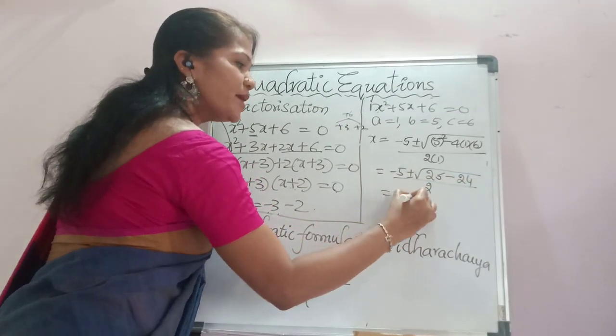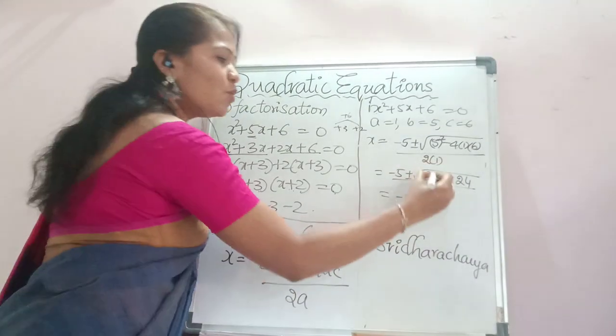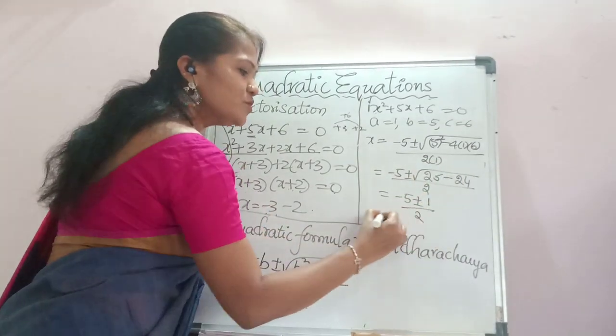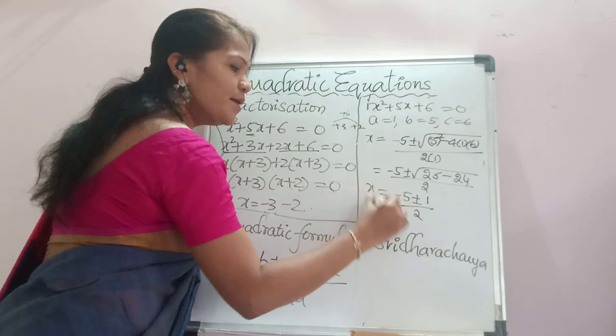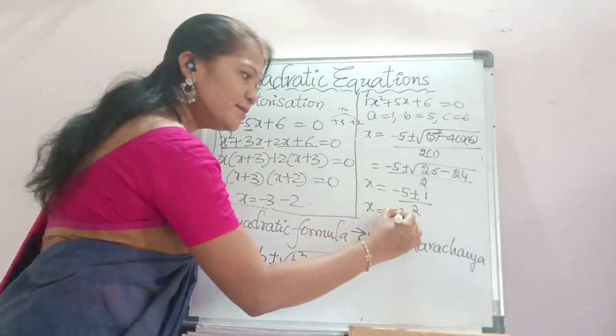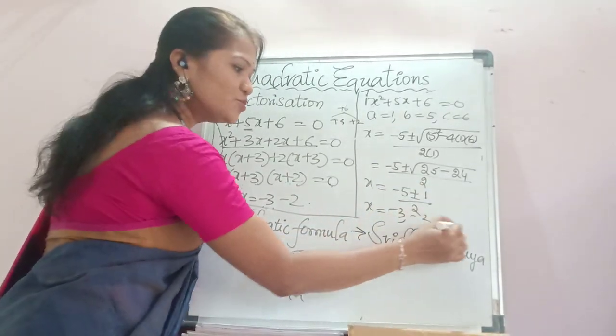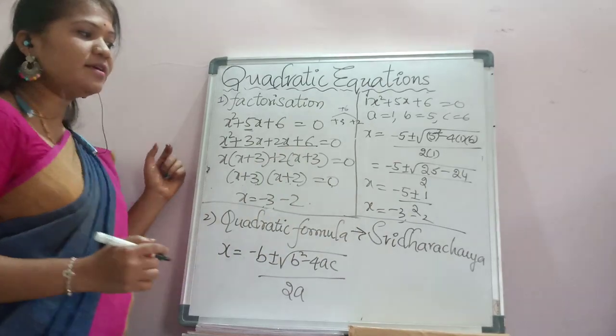This becomes minus 5 plus or minus root of 25 minus 24, which is 1, root of 1 is 1, by 2. So x values are minus 5 minus 1 by 2, that is minus 6 by 2, which is minus 3, and minus 5 plus 1 by 2, which is minus 4 by 2, that is minus 2. So in this method also I got the same thing.